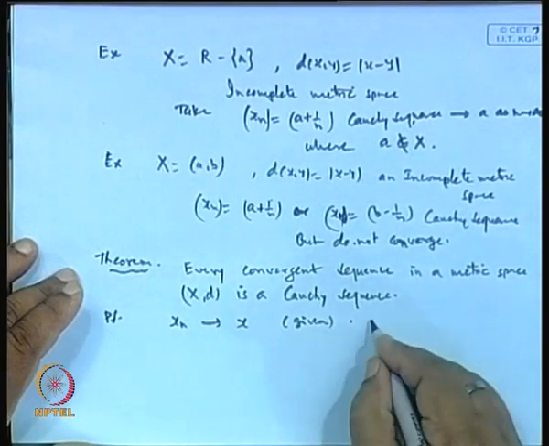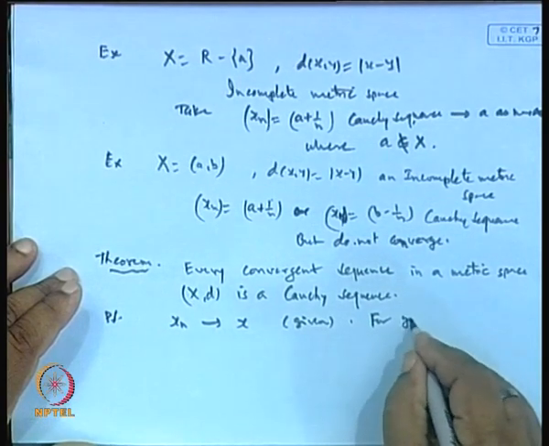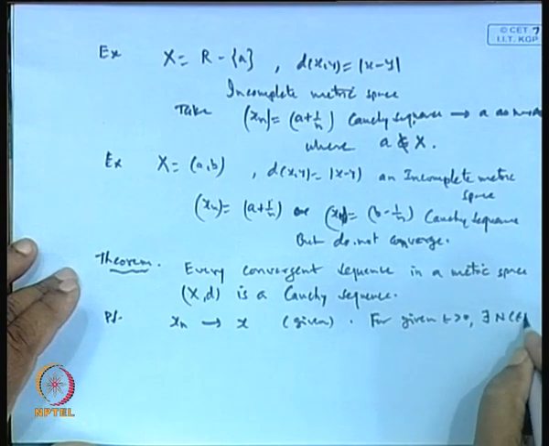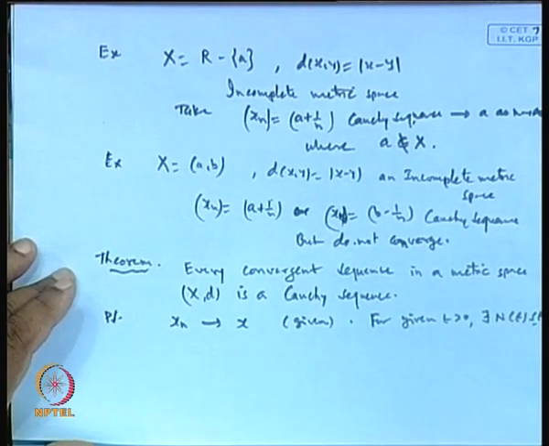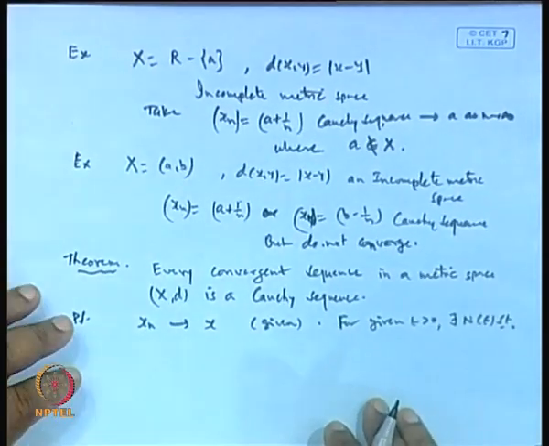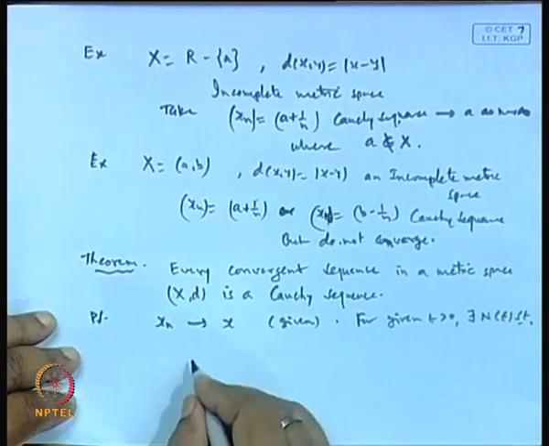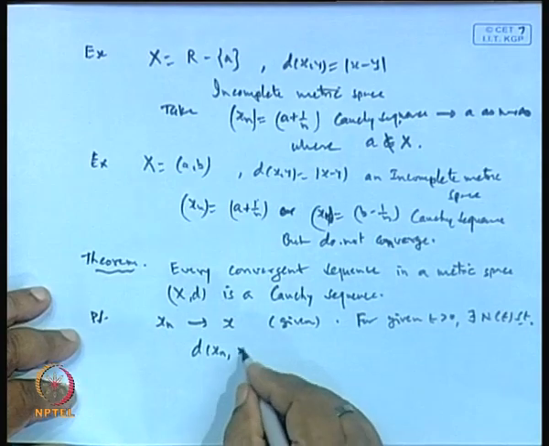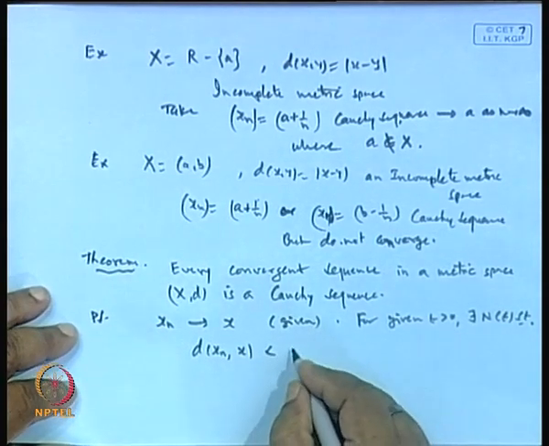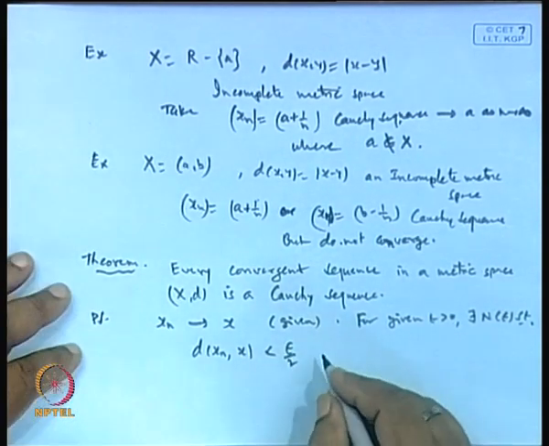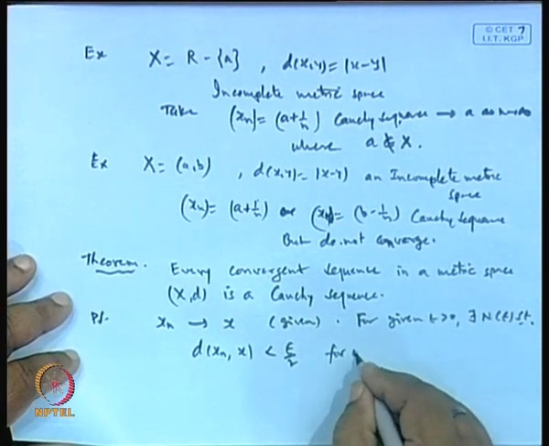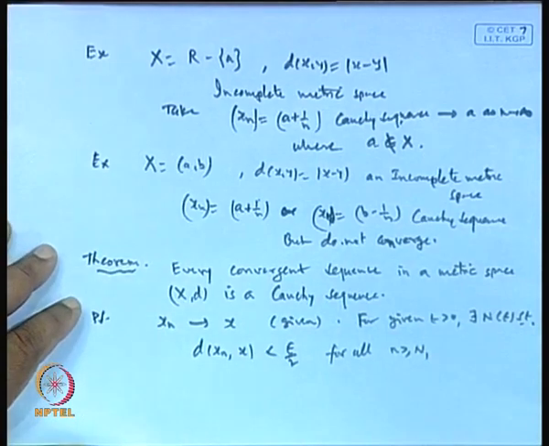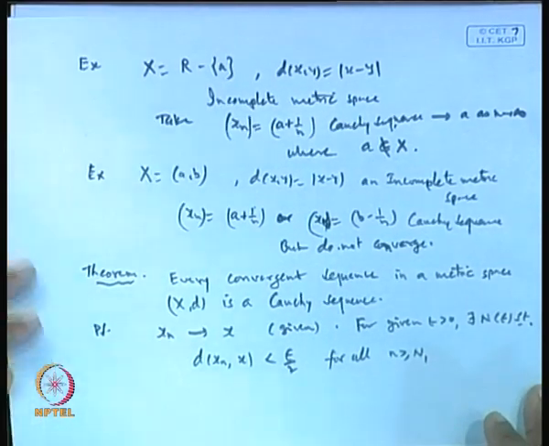So, by definition, for a given epsilon greater than 0, there exists an N depending on epsilon such that the distance between x_n and x can be made less than epsilon by 2 for all n greater than or equal to, say, capital N1.